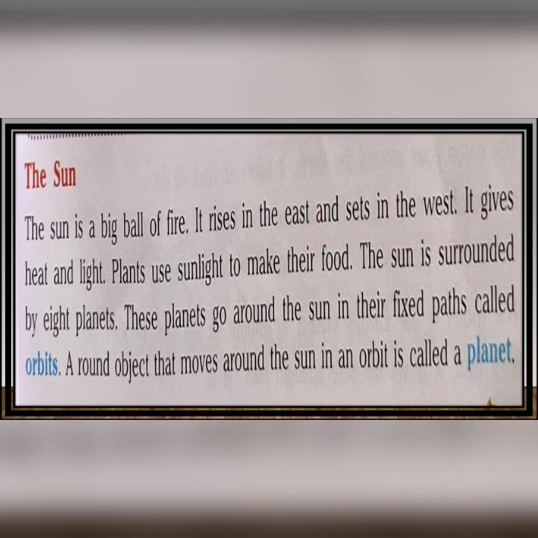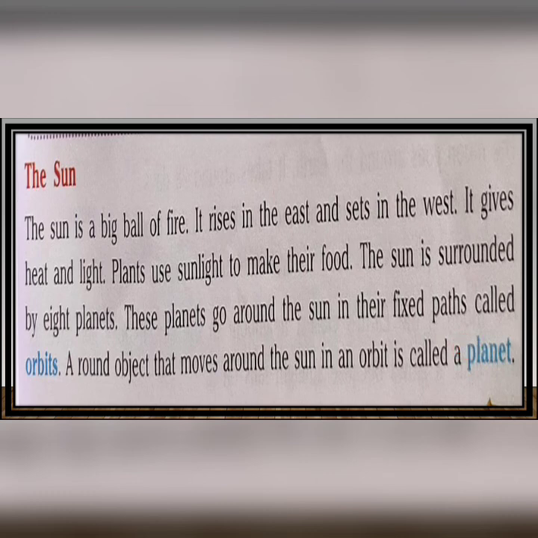Plants use sunlight to make their food, and the sun is surrounded by 8 planets. These planets go around the sun in fixed paths called orbits. A round object that moves around the sun in an orbit is called a planet.